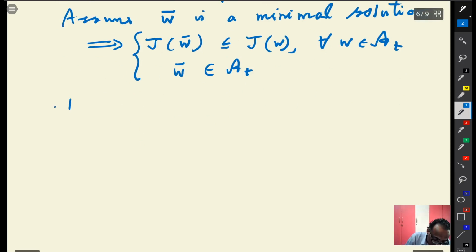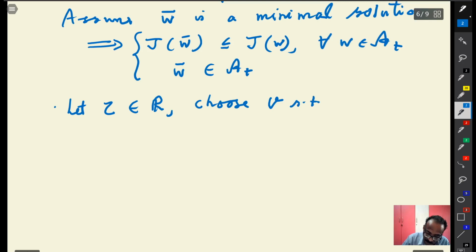Let tau be any real number, and choose v such that v(0) equals 0, which equals v(T). So it's a trivial boundary condition.